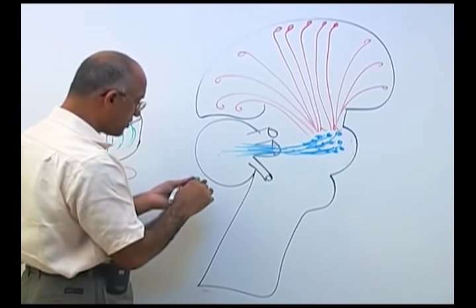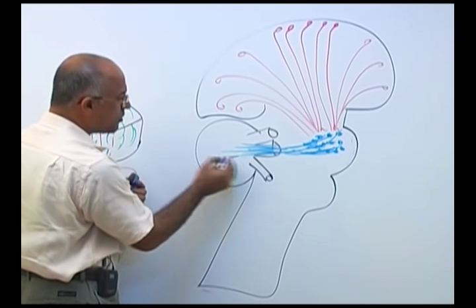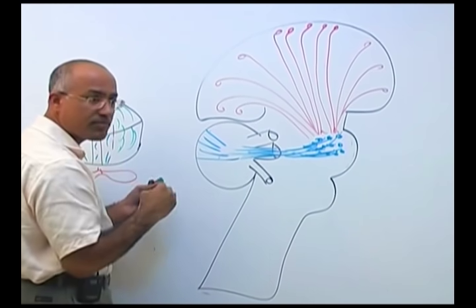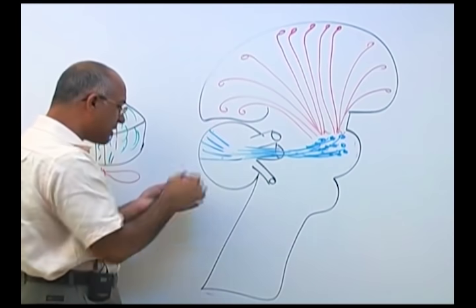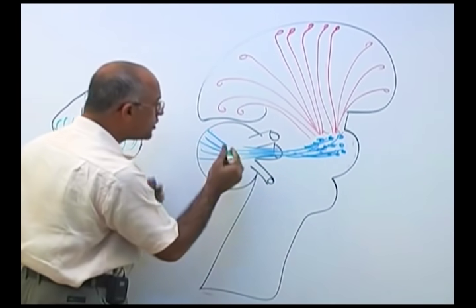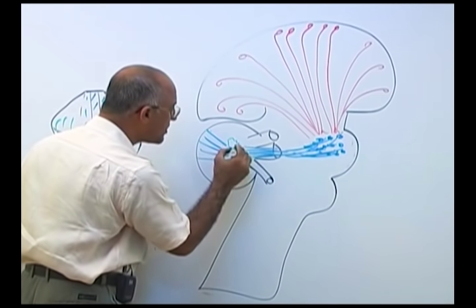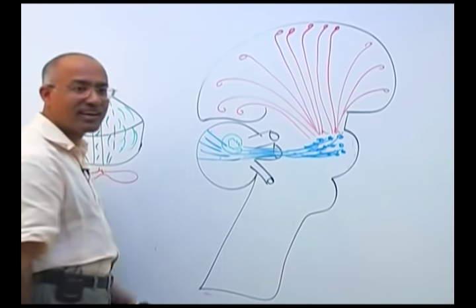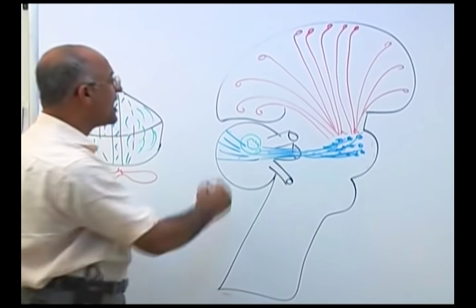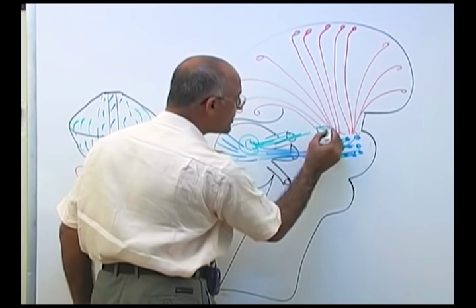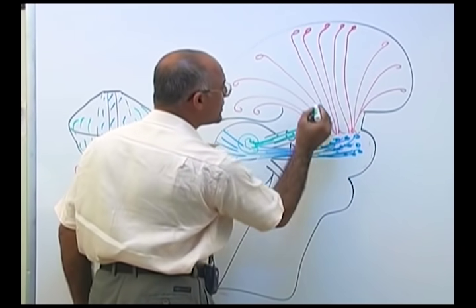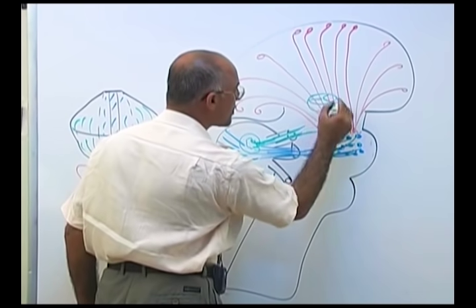From here, information will eventually go back to the cerebral cortex, returning from the Purkinje system into the nuclei. The most important nucleus here is the dentate. Output will come from the dentate, dentorubral fibers and dentothalamic fibers.